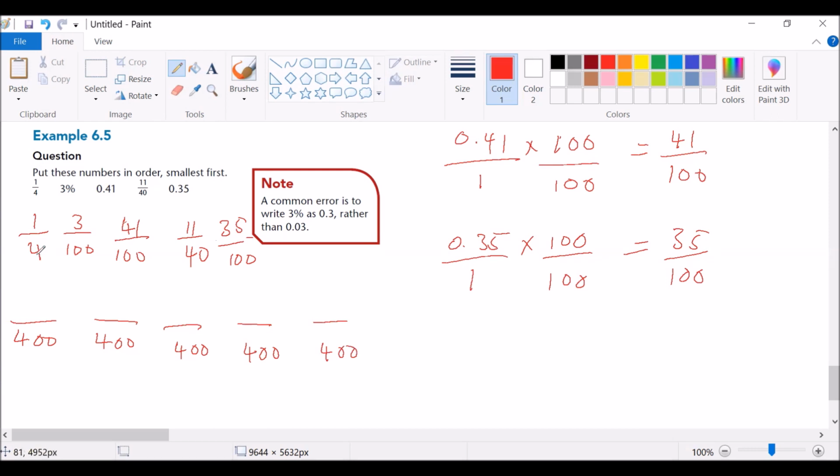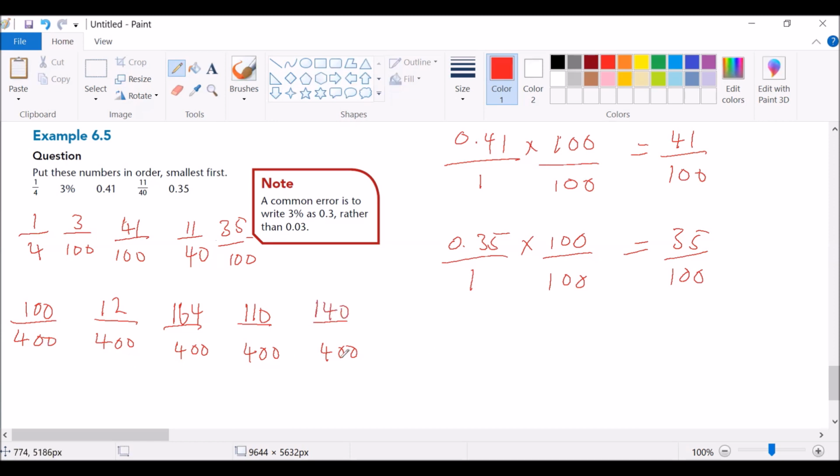Now we say 4 into 400, 100. 100 times 1, 100. 100 into 400, 4. 4 times 3, 12. 100 into 400, 4. 4 times 41, we get 164. 40 into 400, 10. 10 times 11, 110. 100 into 400, 4. 4 times 35, 140.